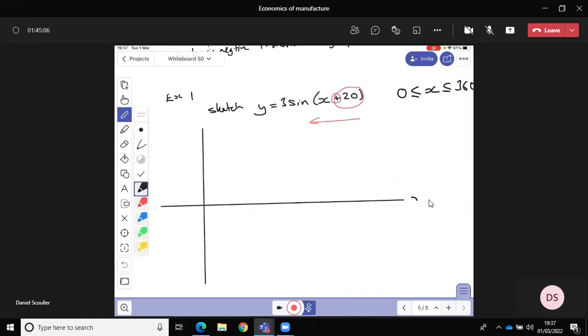So x-axis, y-axis. We want the graph in between 0 and 360, so let's do 360. Our normal milestones are going to be 90, 180, 270, 360.